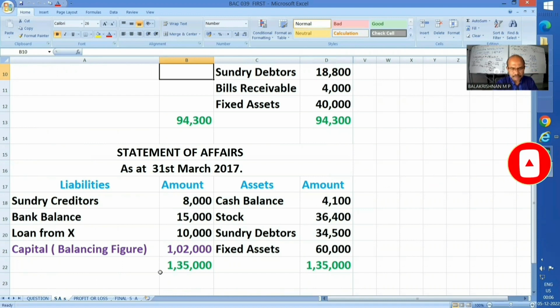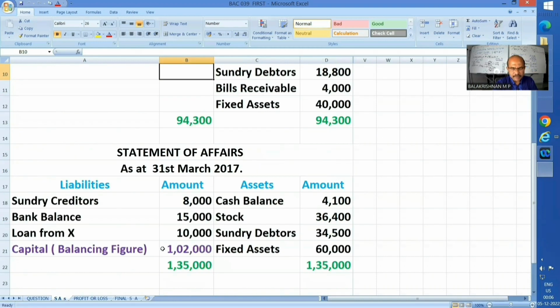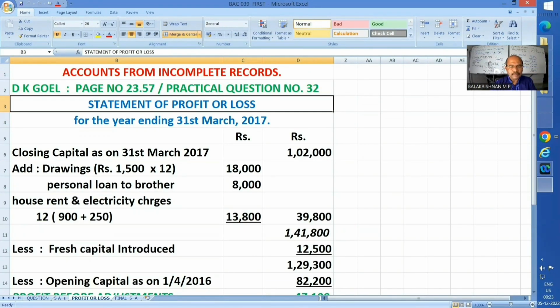Balancing this one, we get a capital, opening, 82,200. Similarly, for closing, we get a capital of 1,02,000. Let us check it. Yes, 82,200, 1,02,000. Okay. Well, the third step, preparation of statement of profit or loss.